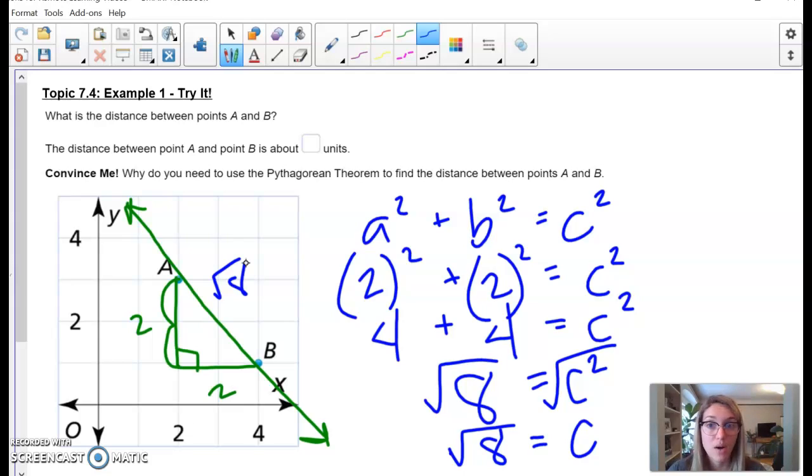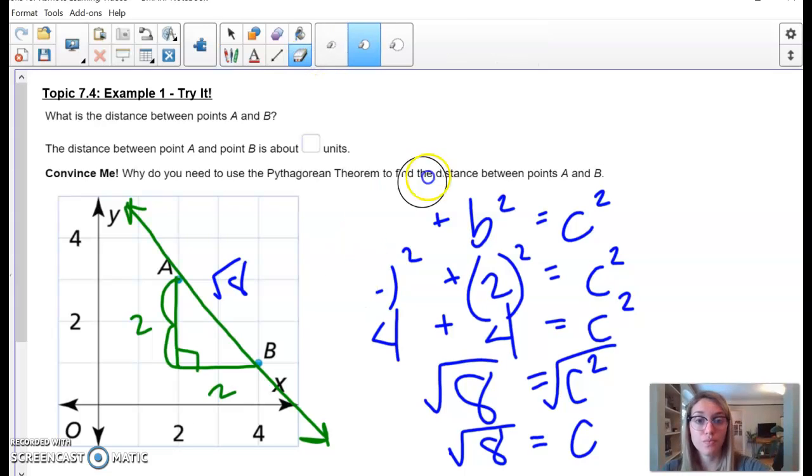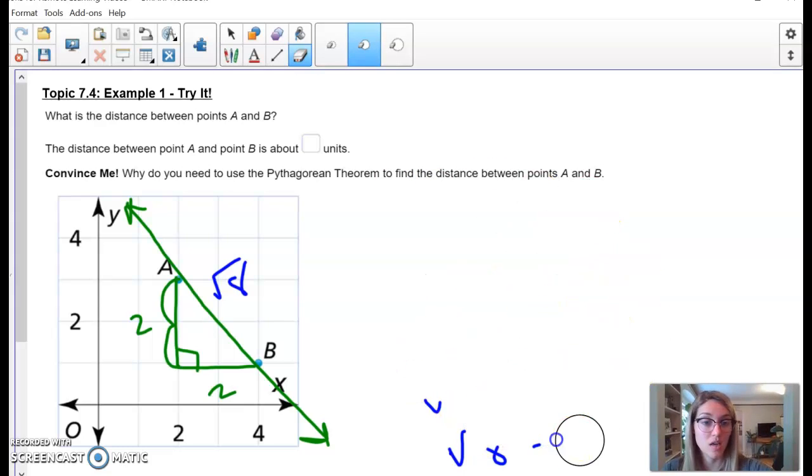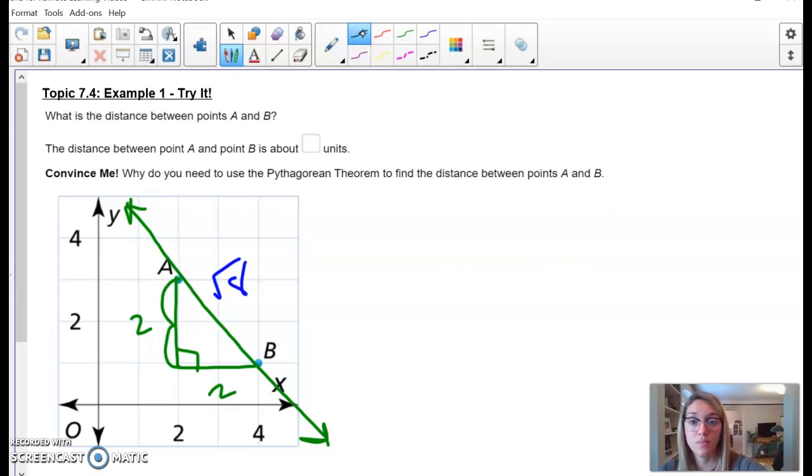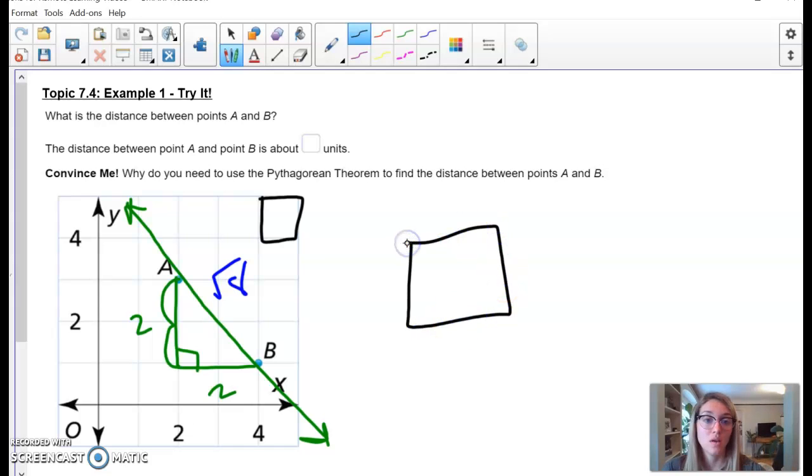And I want you guys to think about, why would you need the Pythagorean theorem to figure that out, right? And if I think about a square in this coordinate plane, one of these squares right here, I know that's not super accurate, but I want you guys to think about, is the diagonal of this square always going to be equal to the length?